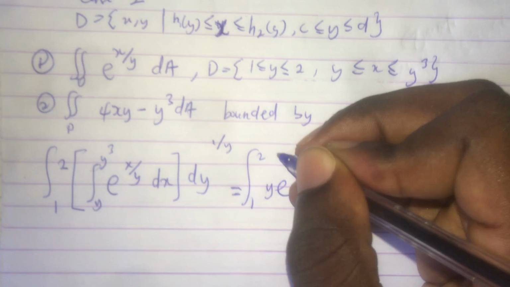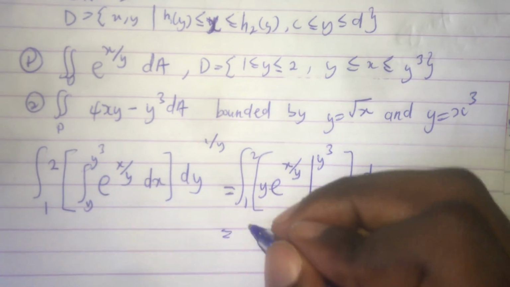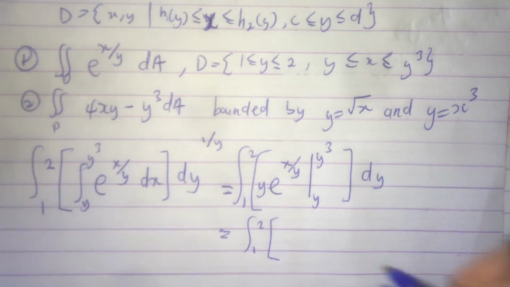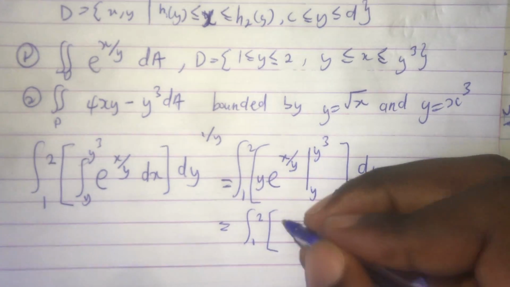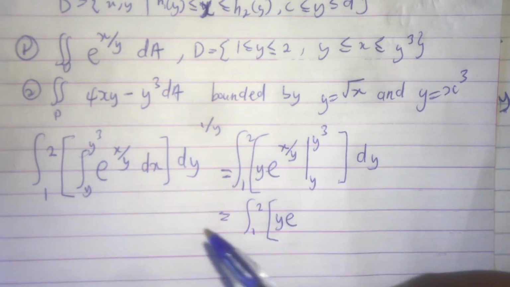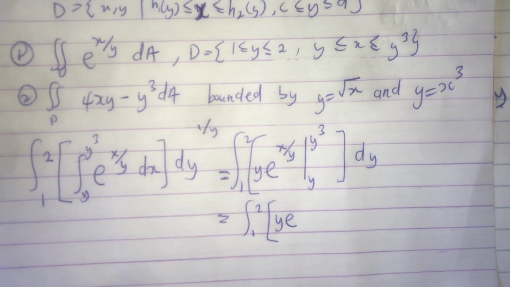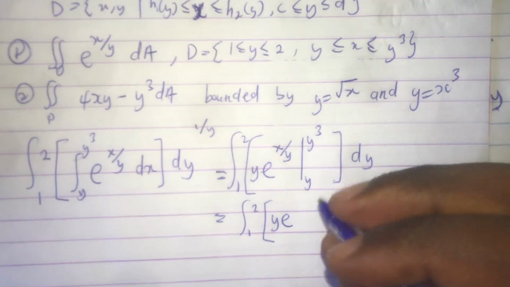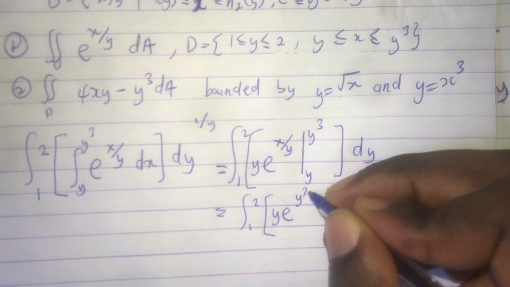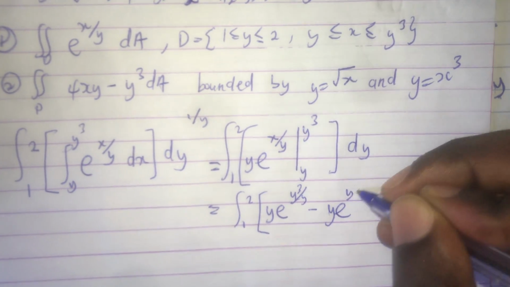So we have 1 to 2, dy. You do upper limit minus lower limit. Since we integrated with respect to x, wherever you see x, you put in y cubed for the upper limit and y for the lower limit. So we have y e^(y cubed over y) minus y e^(y over y).